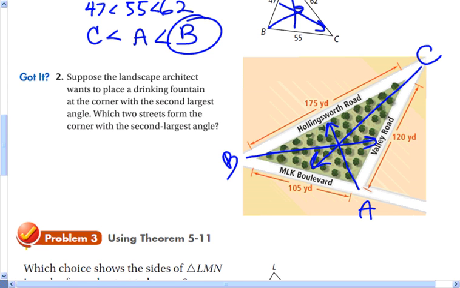Since 120 is the second largest side, the angle opposite that is the second largest angle, so we'll say angle B, which is the intersection of Hollingsworth and MLK Boulevard. All right, I'm going to pause now, and there's going to be a second part of this video. This is kind of a long lesson.